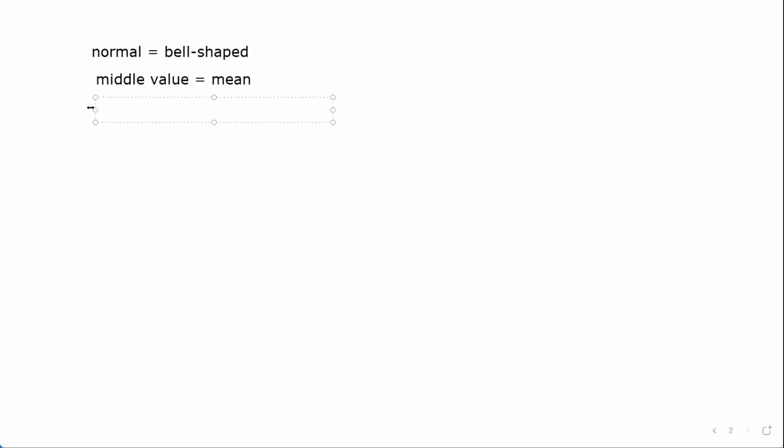Now, 6.2 is about means, and it's about finding means of samples rather than means of single things, right? That's the difference.